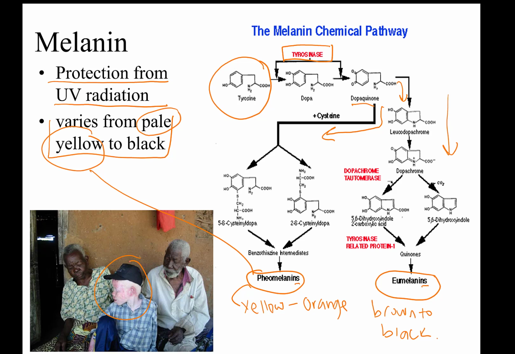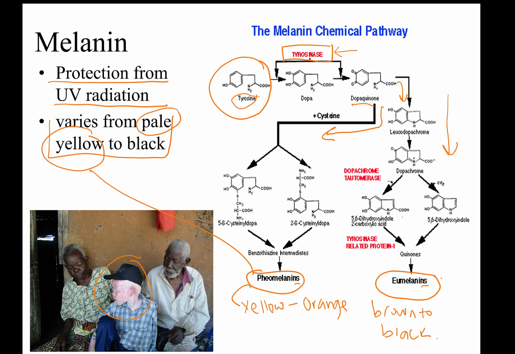This person has a form of albinism, and albinism in this form is a congenital defect, congenital meaning heritable, a defect in the gene that codes for tyrosinase. So they have either tyrosinase that is entirely non-functional or that is not even made, which means that even if they have enough tyrosine, they can't initiate the pathway to either eumelanins or pheomelanins, and that means they can't make pigment at all.